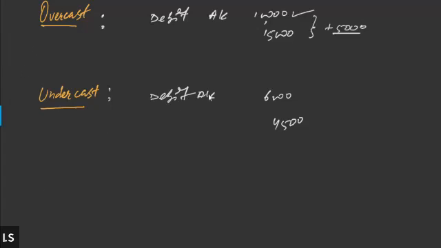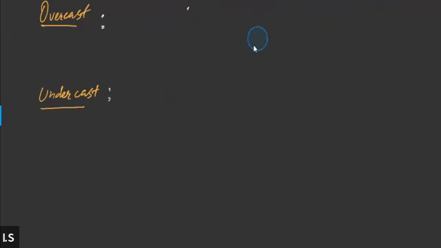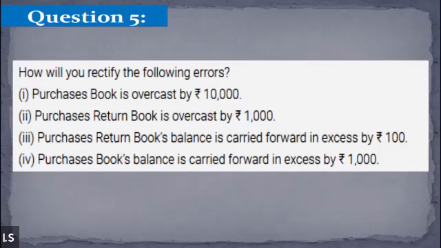Yes, sir. Okay, so the first question talks about the purchase book being overcast by 10,000. That means we have recorded 10,000 in excess in the purchase book. That means the purchase account must have been debited, right?